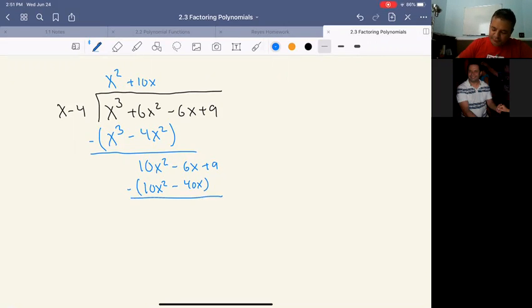Subtract. When we subtract, the 10x squared cancels. The minus 6x is going to become plus 40x, so that's going to become plus 34x.